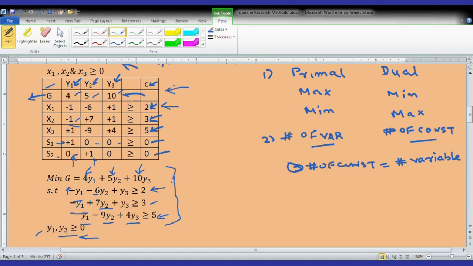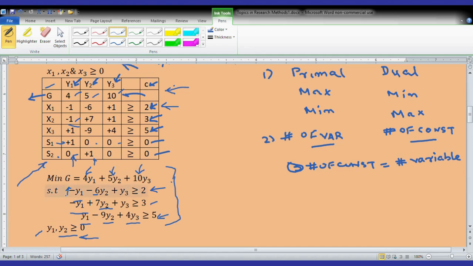Because there was no third constraint, the restrictions are only being put on y1 and y2. There is nothing that we could do as far as y3 is concerned, y3 is a sort of unrestricted variable. Unrestricted in terms of sign means that it could be negative, it could be positive, it could be 0. So only two restrictions are here, and they have come out of this table.